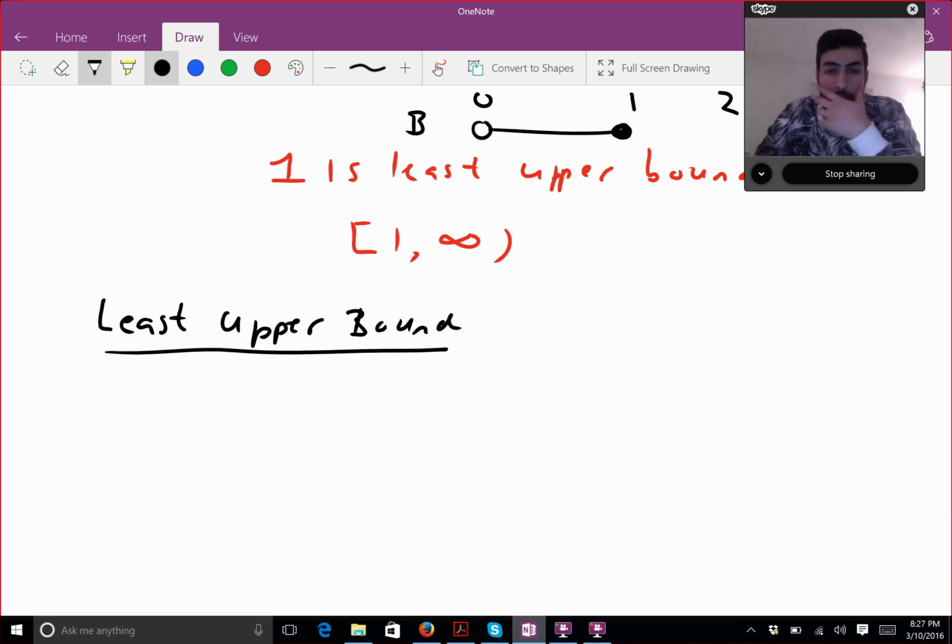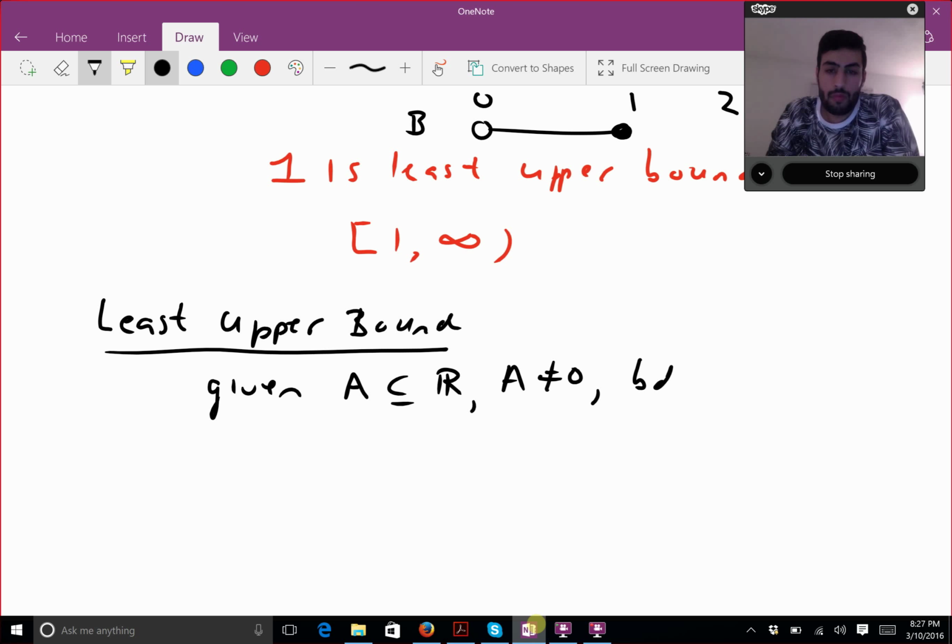So we know what it is now, right? Given a subset of the reals that's not empty and that's bounded above, then it has a least upper bound.